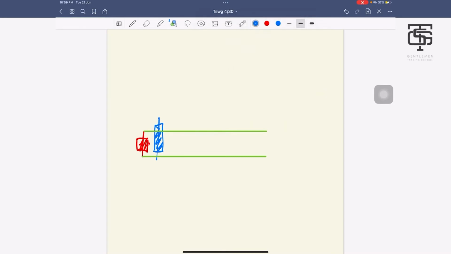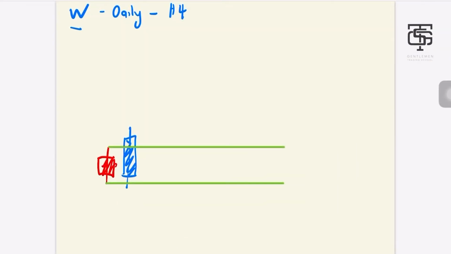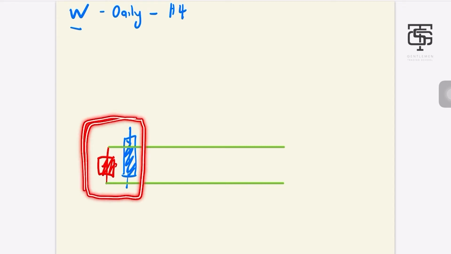So make sure you remember, daily is important, H4, and you can also have weekly. So use this as a simple setup from weekly, daily, and H4. Okay, so what I'm showing you right now is first it needs to create an engulfing buy.